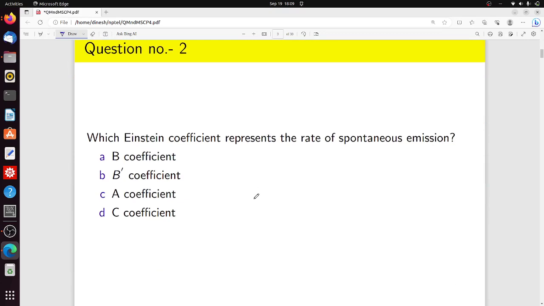Okay, the next question is, which Einstein coefficient represents the rate of spontaneous emission? So here are the options. Tell me the answer.